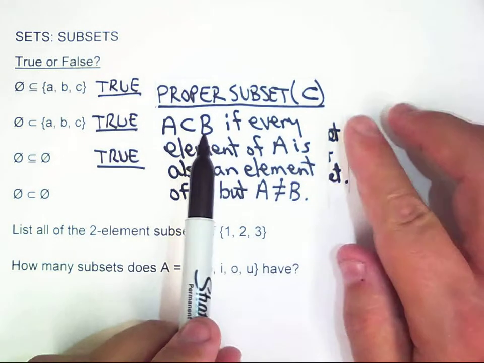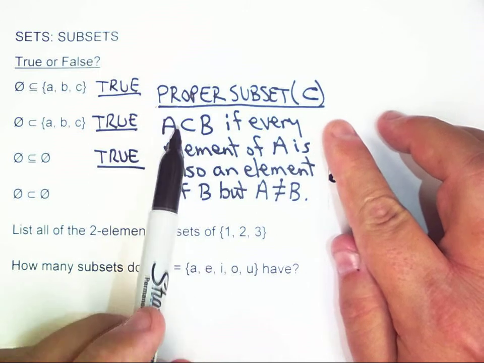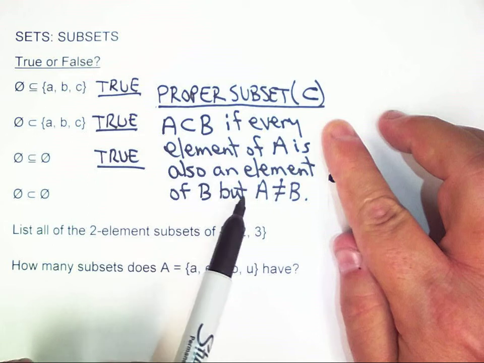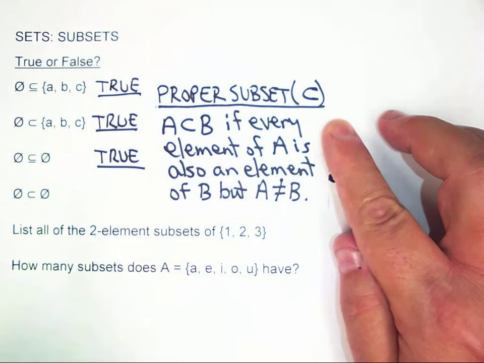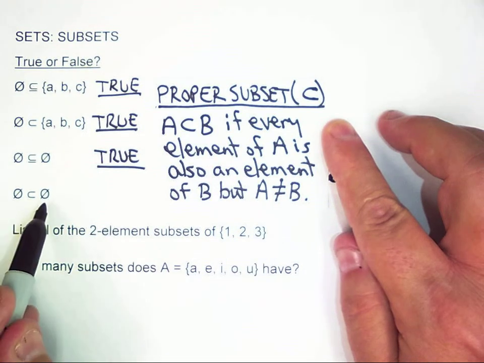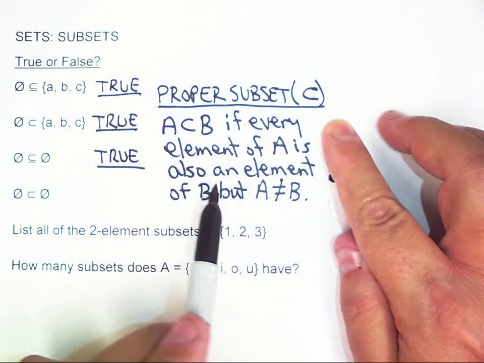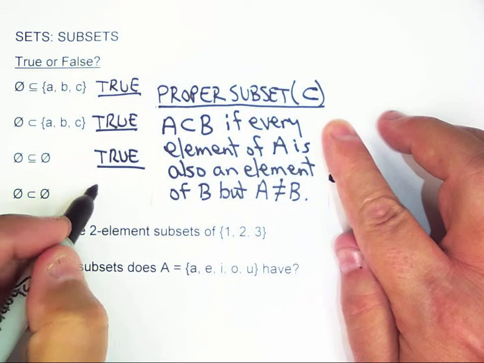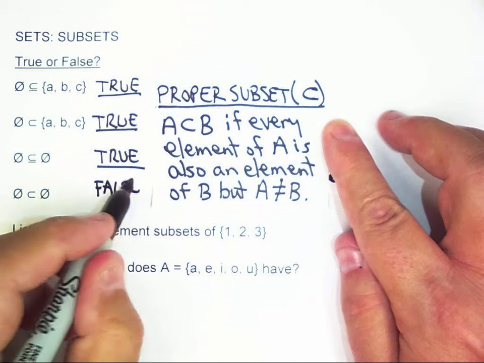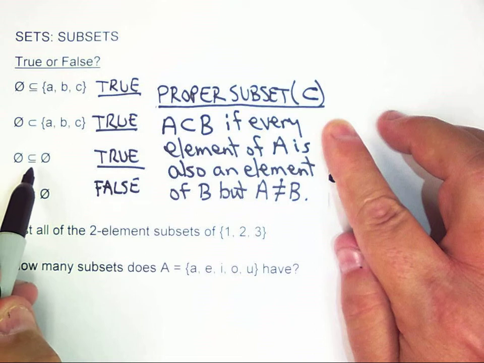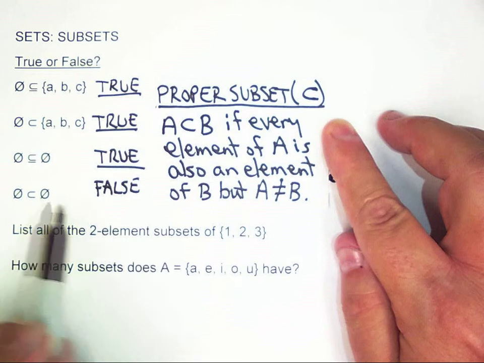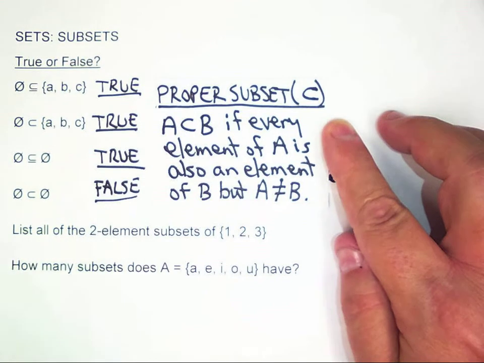And that is that A is a proper subset of B if every element of A is also an element of B, but A and B aren't equal to each other. But the empty set is equal to the empty set. So just the definition of the proper subset itself requires that the two sets not be equal. So this has to be false. So the empty set is a subset of itself, but it's not a proper subset of itself, because no set is a proper subset of itself. Have those little facts at your disposal, and you can draw on them when you need them.